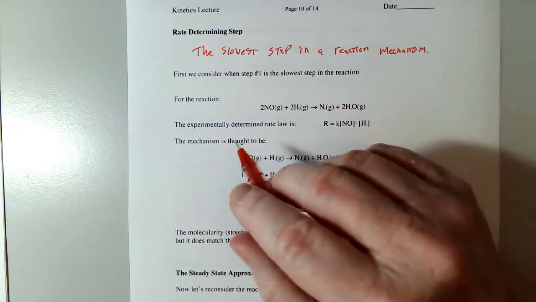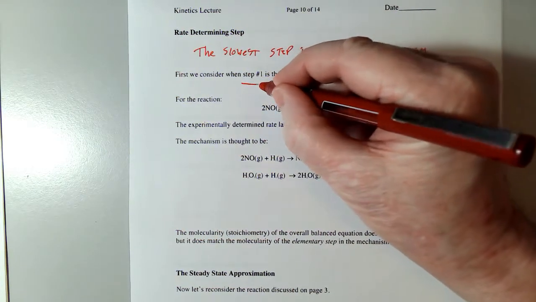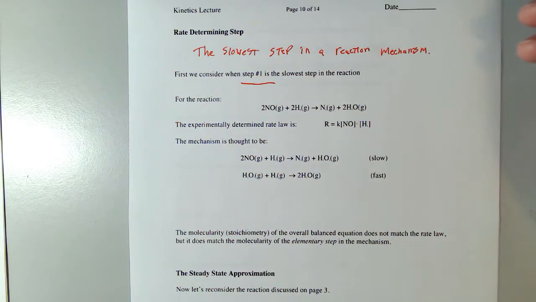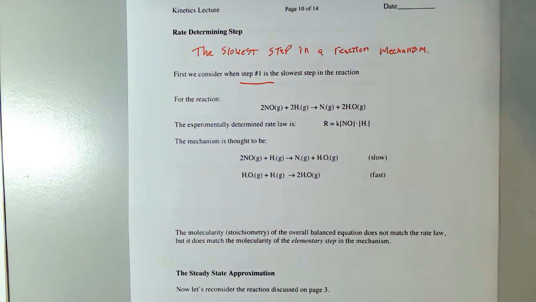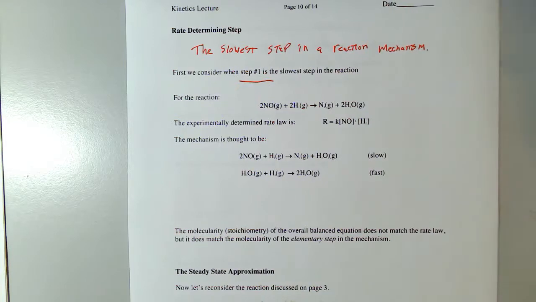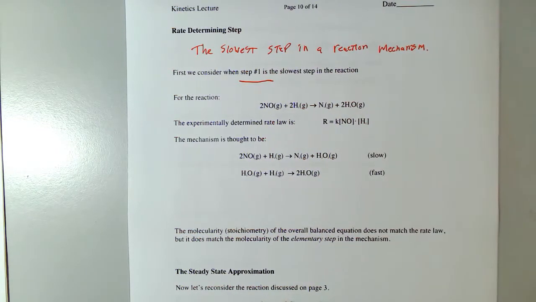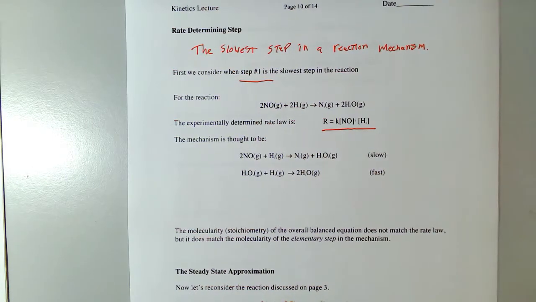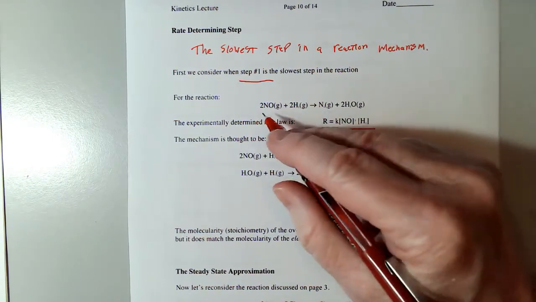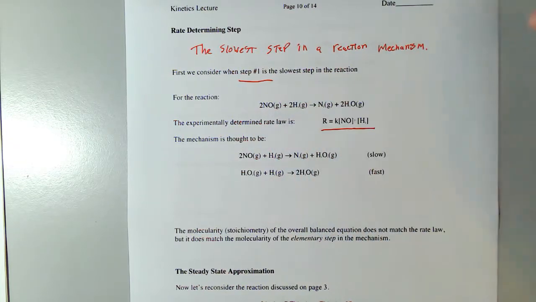Okay, now we're going to have two examples: where step one is the slowest step in the reaction, or when a subsequent step is the slowest step. When it's step one, it's really straightforward. This example's in just about every chemistry book I've ever looked at. 2NO plus 2H2 gives me N2 and 2H2O. We have an experimentally determined rate law. It's correct because it's experimentally determined. And it shows 2 NOs for 1 H2, although the stoichiometry shows me 2 NOs for 2 H2.